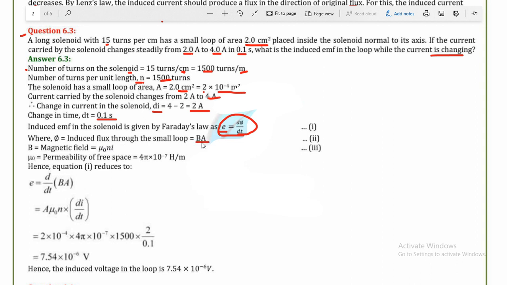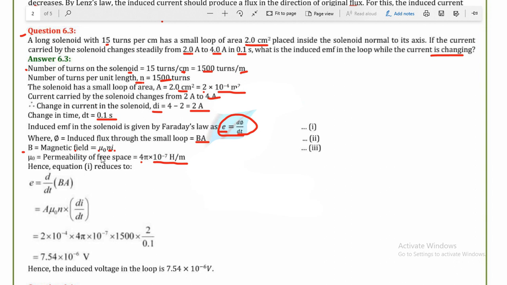For a solenoid, the magnetic field is given by B equals mu naught n i. This is the magnetic field due to the solenoid, where mu naught is the permeability of free space, with value 4 pi into 10 to the power minus 7 Henry per meter, and n is 1500 turns per meter. The value of I is not given here, so we will change this I into di by dt.